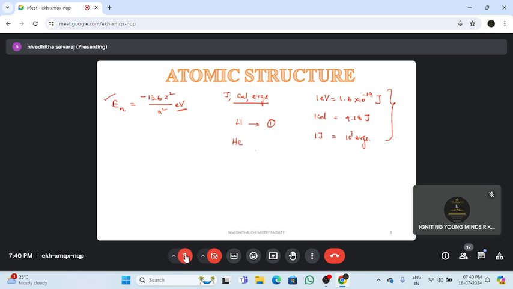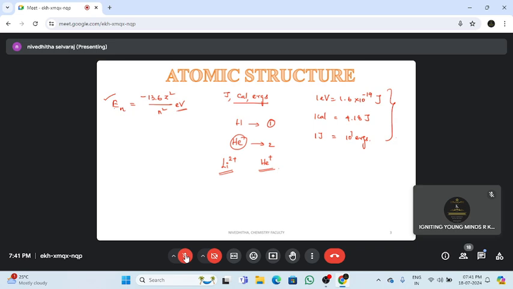How many electrons does helium have? Basically 2, right? So Bohr's model is not applicable for helium atom, but it is applicable for helium ion. Bohr's model is not applicable for lithium, but for lithium 2 plus we can apply it because lithium 2 plus will have only one electron. So Bohr's model is applicable for hydrogen and hydrogen-like systems.